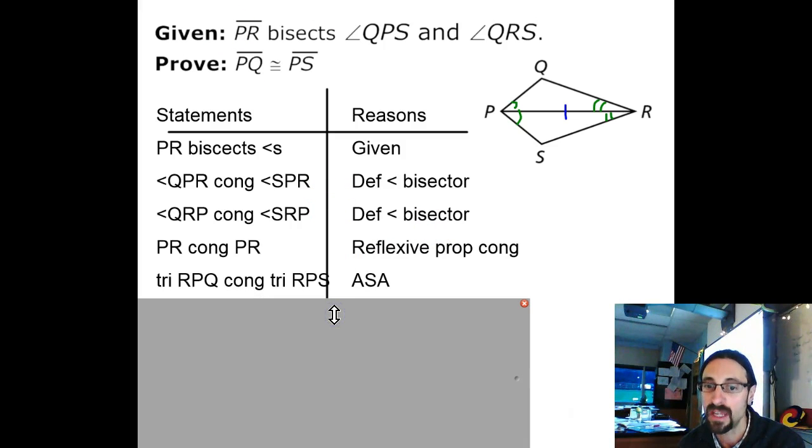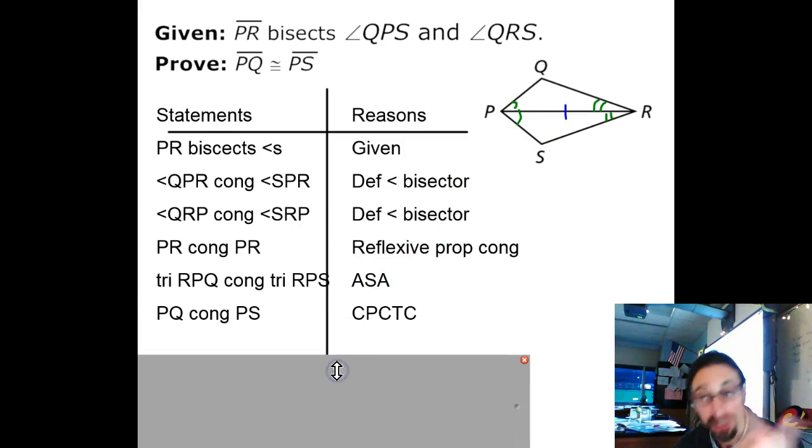Triangle RPQ is congruent to triangle RPS. And again, the order of the vertices matters. You have to give them in order, as long as it's the same across both figures, by angle, side, angle. Oh, sweet. Well, now that I know that, then I can conclude that segment PQ is congruent to PS because of CPCTC.